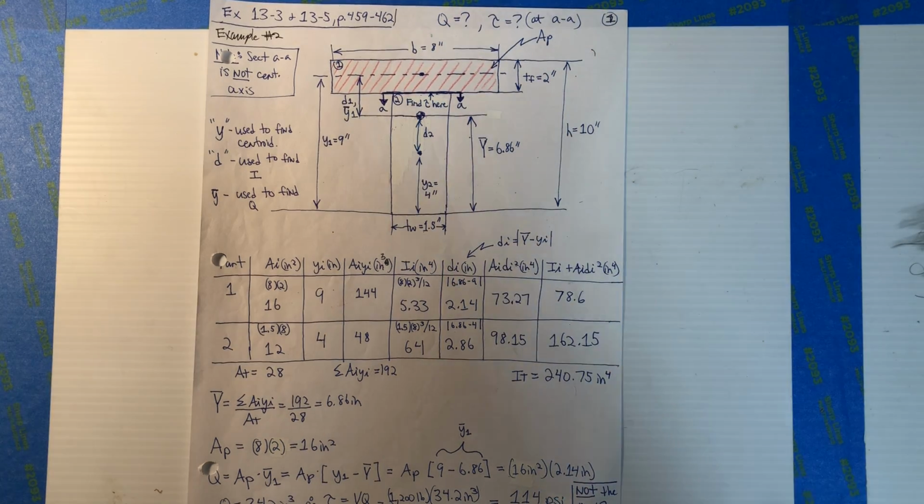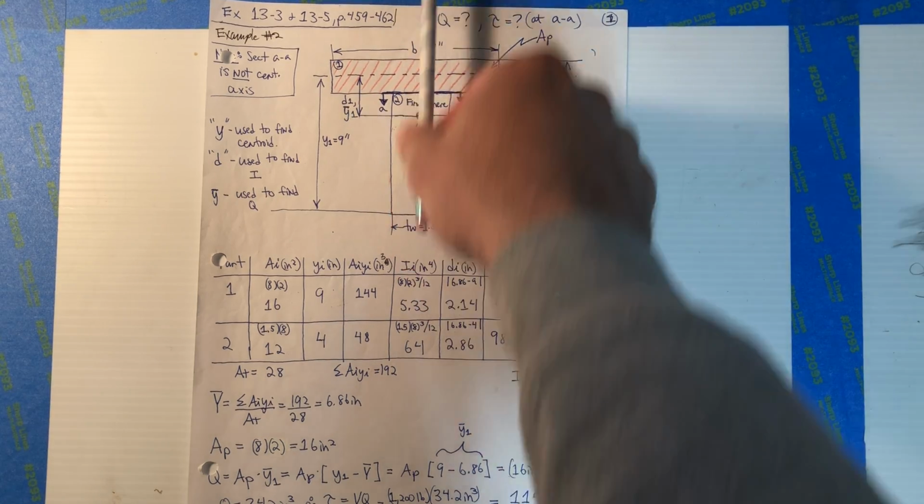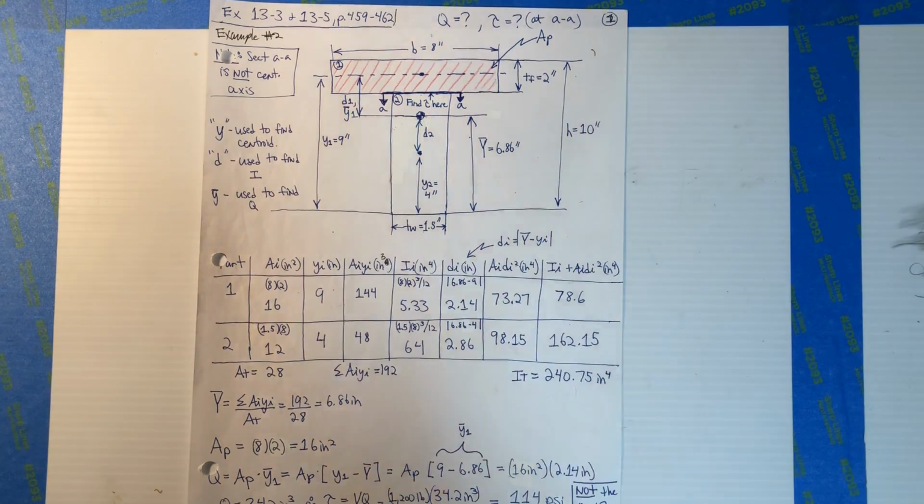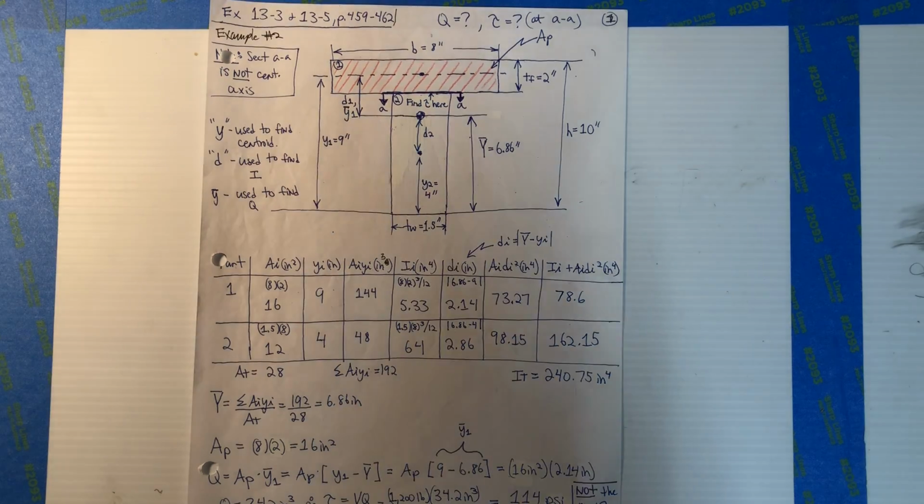And obviously this shape has one axis of symmetry right through the middle, so we know the centroid is going to be somewhere here. You just don't know where it is. d is the value used in the parallel axis theorem, and that's the dimension of the centroid of the component piece to this overall centroid of the composite beam.